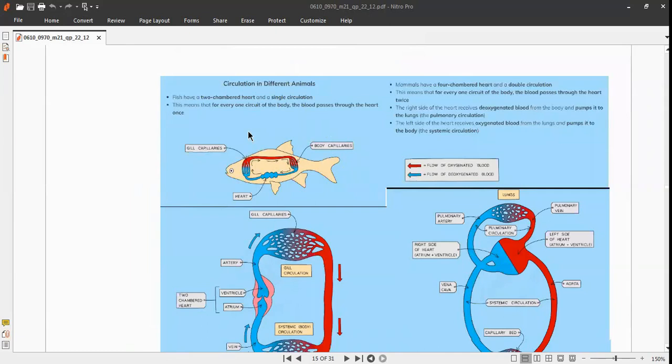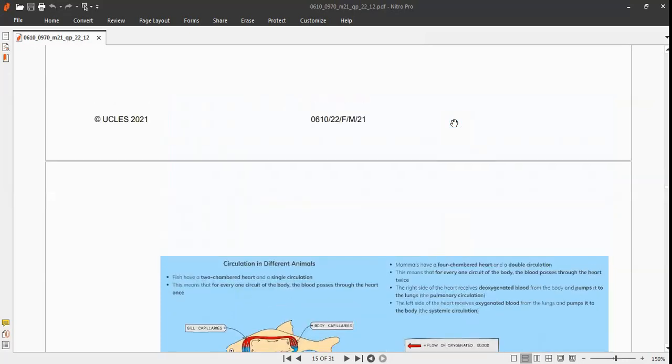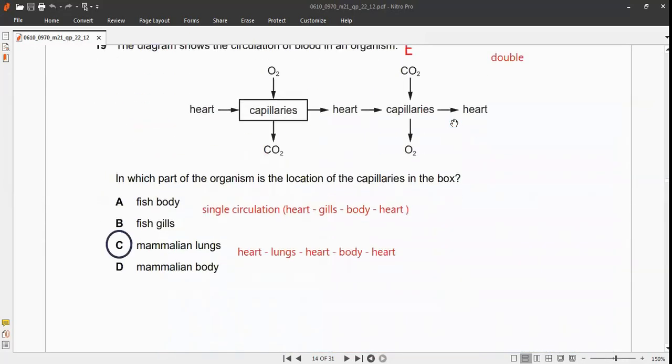This means that for every one circuit of the body, the blood passes through the heart once. What about mammals? Four-chambered heart and double circulation. This means that for every one circuit of the body, the blood passes through the heart twice. So the correct answer, mammal.